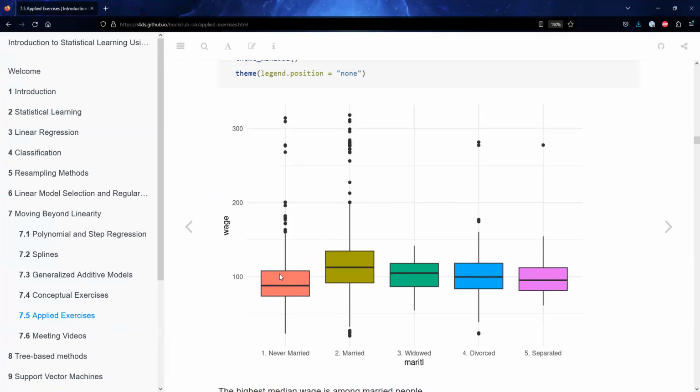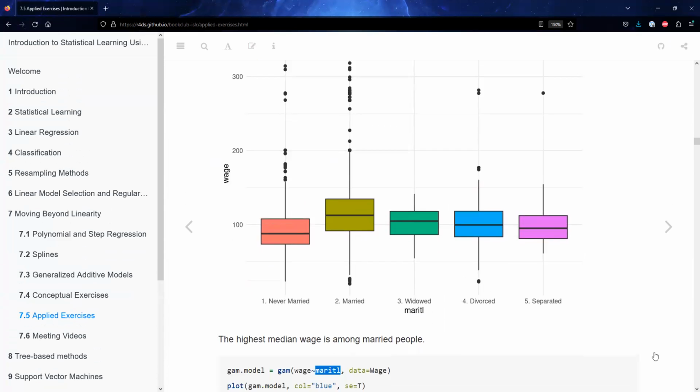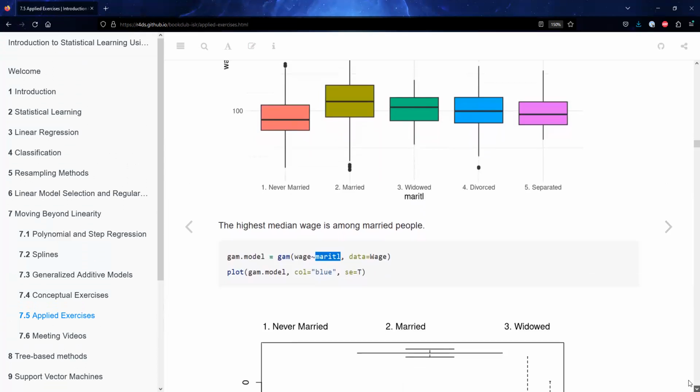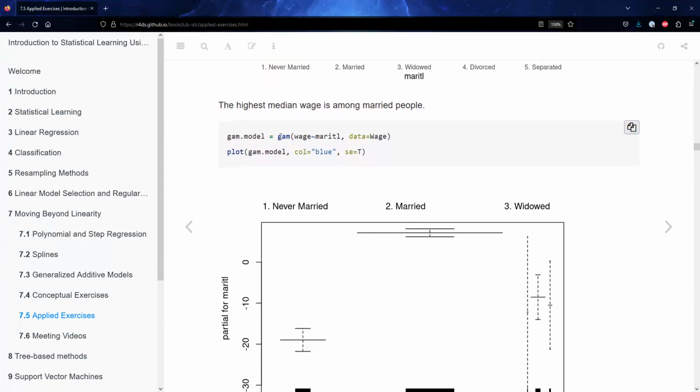It turned out while there were maybe around 200 never married people, 200 married people, etc., in the widowed category, there were only about 40 people, a much smaller sample size. That could be a consideration when making the generalized additive model. It's just that the follow-up calculation did not seem to change, so I wasn't quite sure what was going on there.